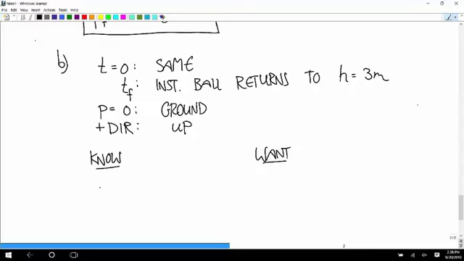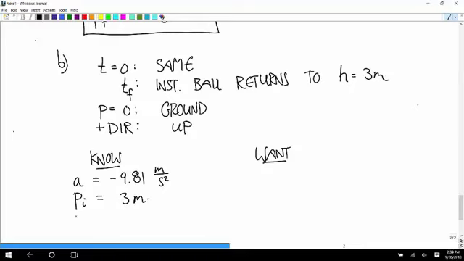Okay, so do we know time final? Do we know how long it takes to go from when it's thrown to now? No. Do we know the acceleration? Yep, that's always negative 9.81. Do we know the position at time equals 0? Yep, that's positive 3 meters.